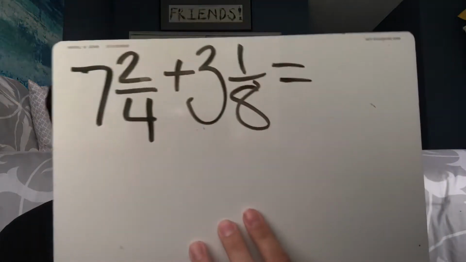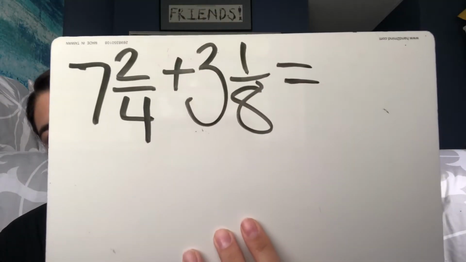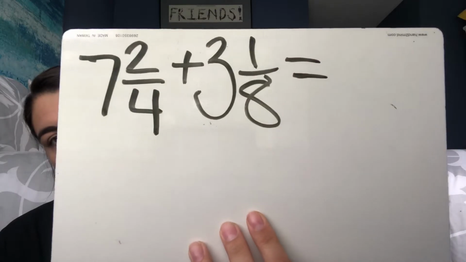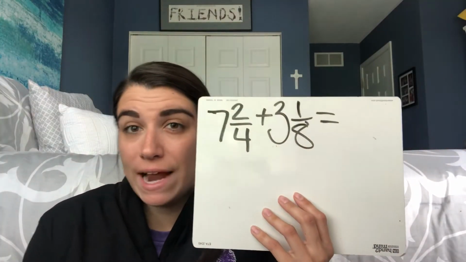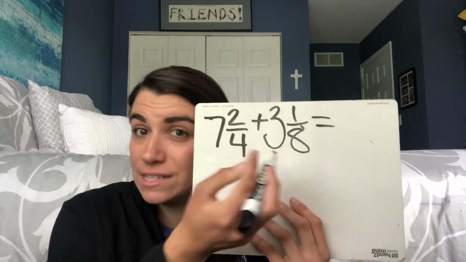The next one is 7 2/4 plus 3 1/8. So go ahead and try to solve that. Change the denominators to be the same. Alright, so we're trying to find a common denominator here, and I know that I can multiply 4 by something to get me 8.